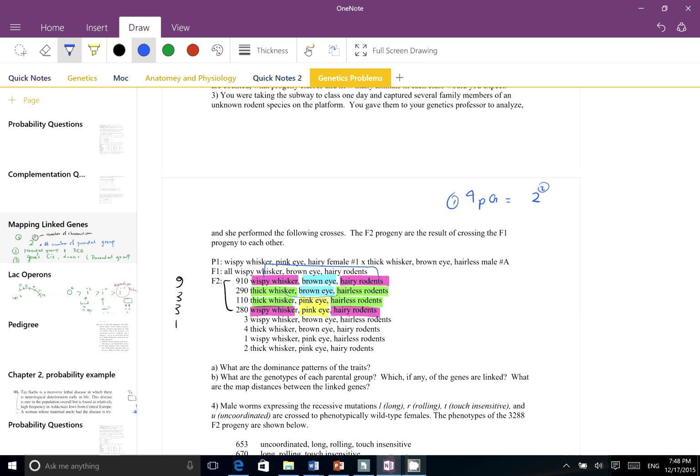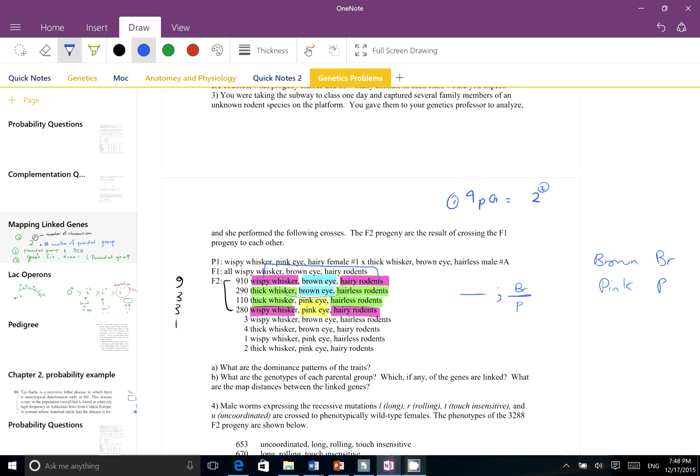So here you have brown versus pink, on their own chromosome. For brown, I'm using this convention. For pink, I'm using this one.